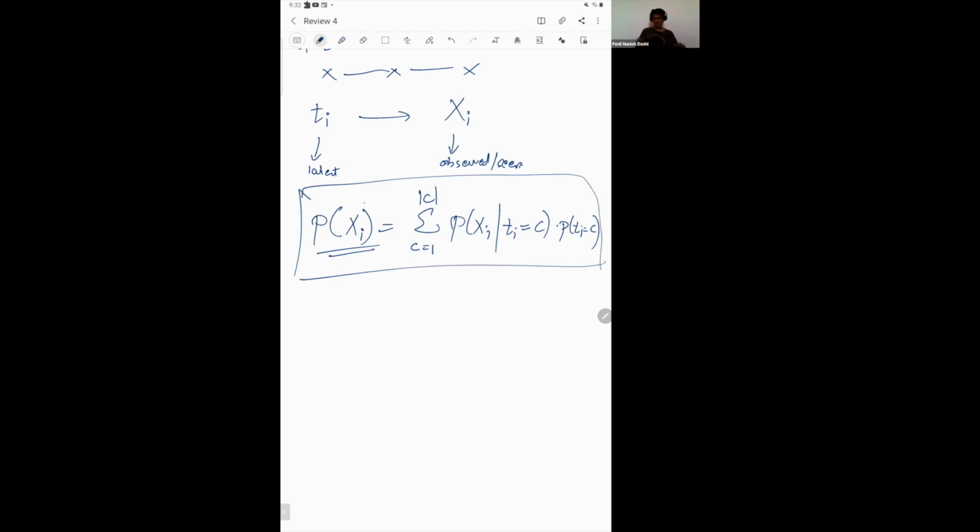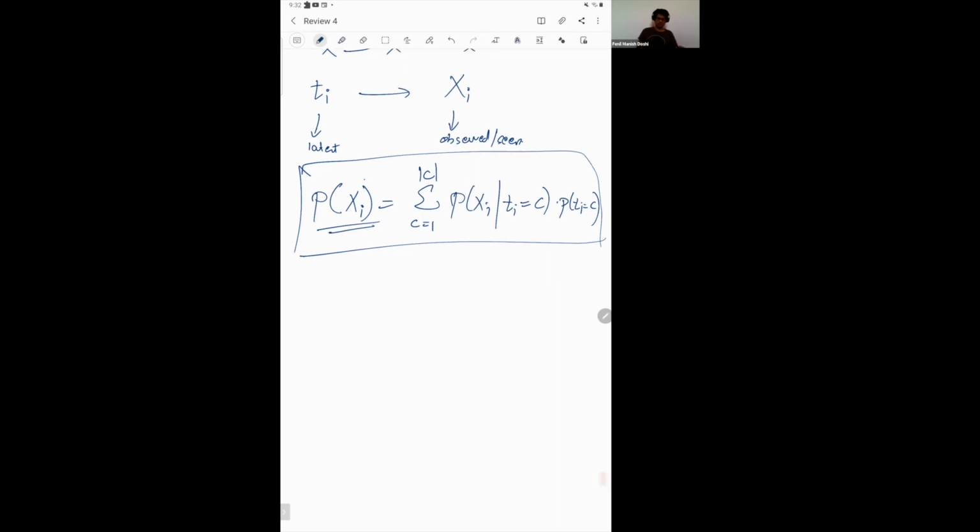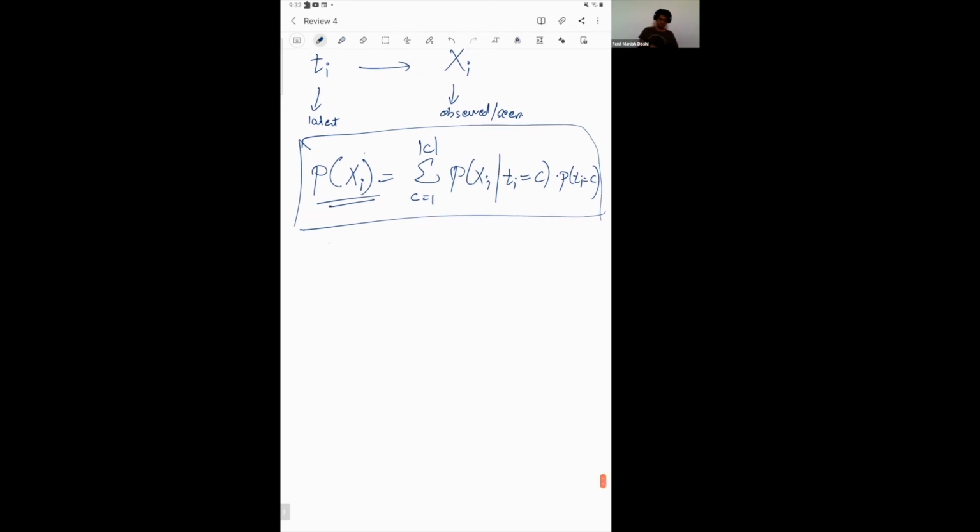In GMM we had specific distributions, but we are just doing a generalized EM, so these are provided.